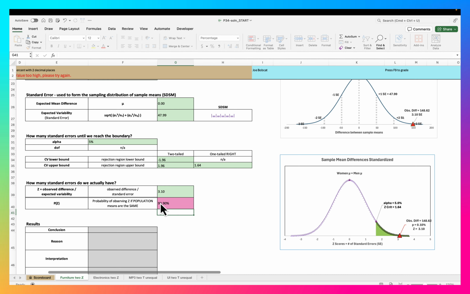It's going to give us the left tail. So we're going to take all of that and subtract it from 1. That gives that 0.10%. All right.